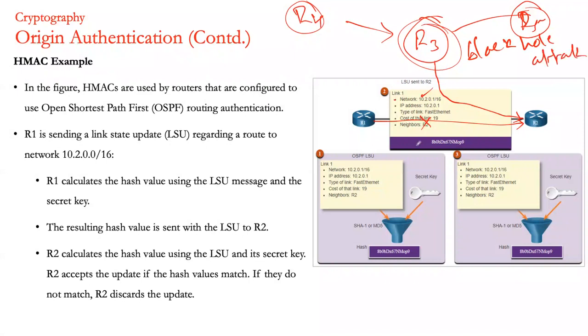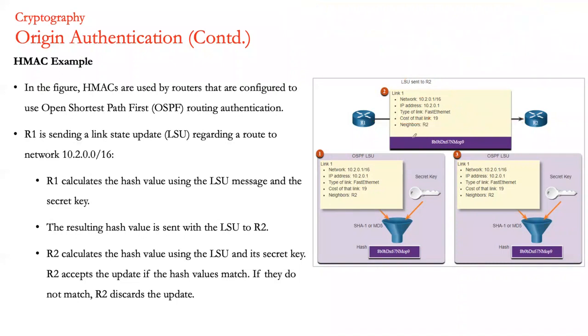In this black hole attack, there is actually no path, but it informs others that there is a path from R1 to R2 through R3. Actually there is no connection between R3 and R1. So what R3 is trying to do is collect all the information and inspect it. We call that a black hat attack.